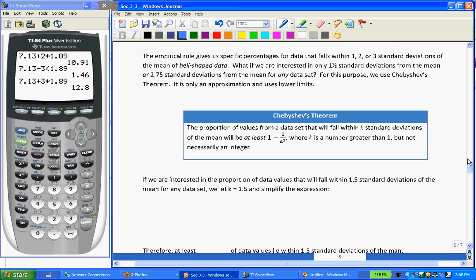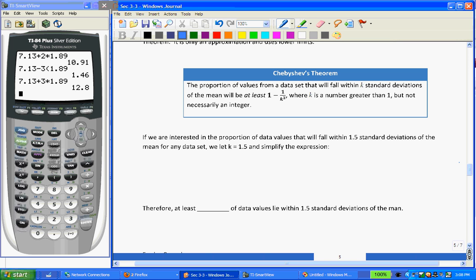It is only an approximation. It's not as accurate as the empirical rule, so the limits are a bit lower. Here's Chebyshev's theorem. It says the proportion of values from a data set that fall within k standard deviations of the mean will be at least 1 minus 1 over k squared, where k is a number greater than 1, but not necessarily an integer.